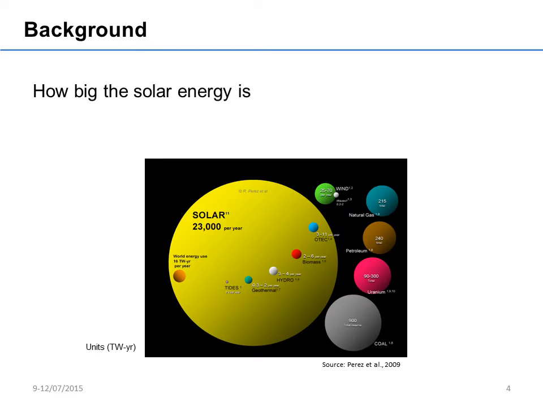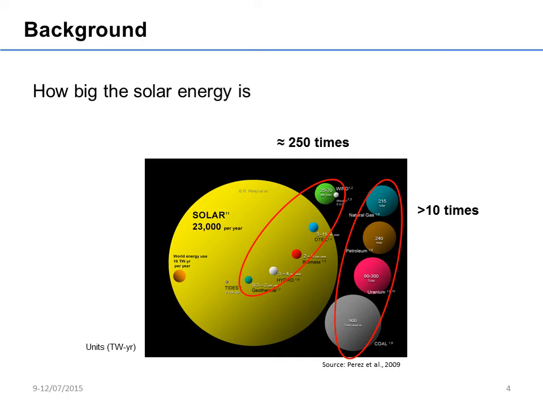If we compare the annual amount of solar energy with the conventional fossil and nuclear, we will find solar energy is larger by more than 10 times. If we compare solar energy with other renewable energy, including wind, ocean, biomass, we will find solar energy is about 250 times larger.